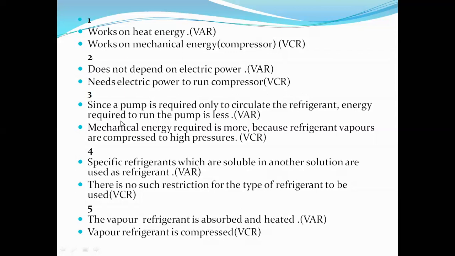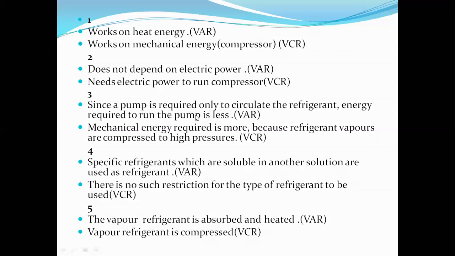Third difference is, we circulate the required quantity of refrigerant in case of VAR, so the energy required to run the pump is less. Comparing pump and compressor, the compressor requires more energy, whereas the pump requires less energy.